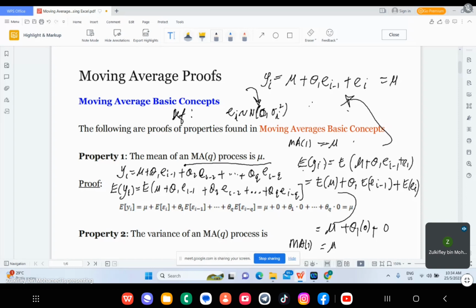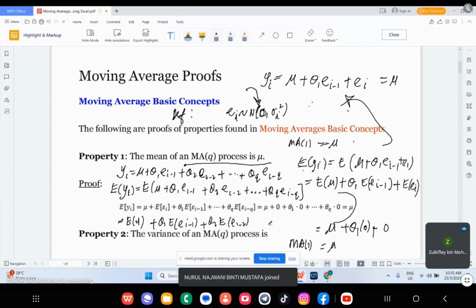If you open the bracket here, this becomes expected of mu plus theta 1 expected of epsilon I minus 1 plus theta 2 expected of epsilon I minus 2, up to plus theta q expected epsilon I minus q.